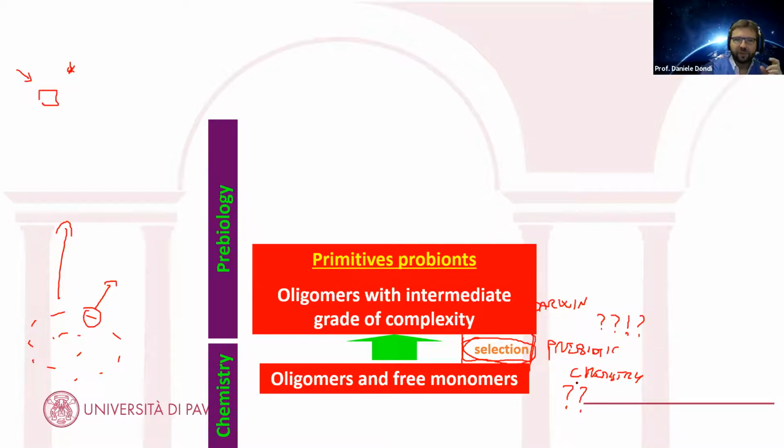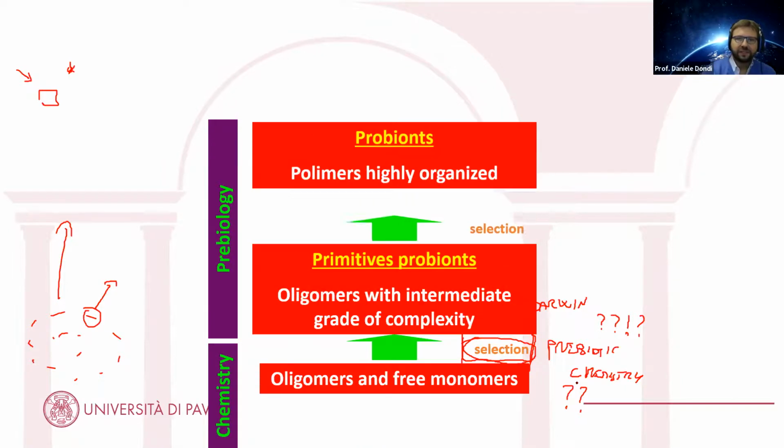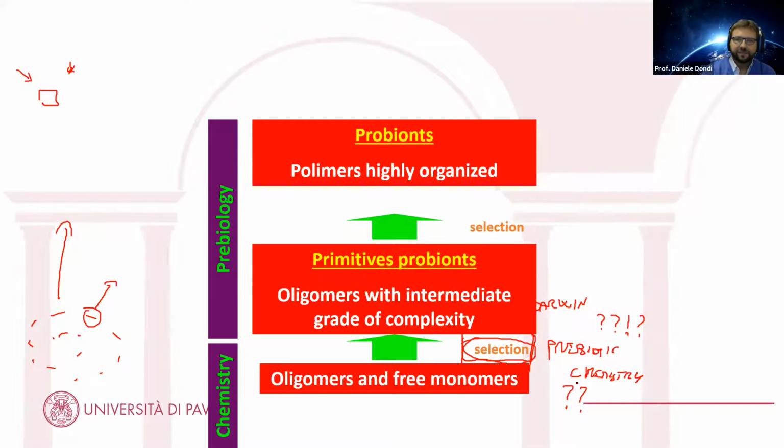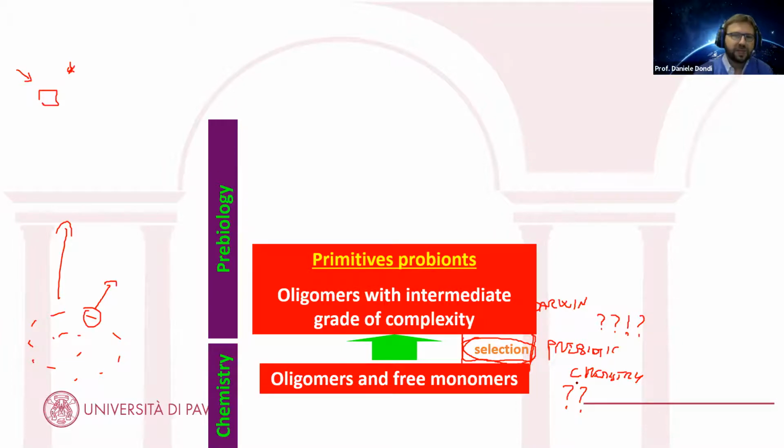So we have some oligomers that are a mixture of simple monomers, not many monomers, and they have some intermediate grade of complexity. Because you know this theory, you think that maybe now we have enzymes that are very complex.